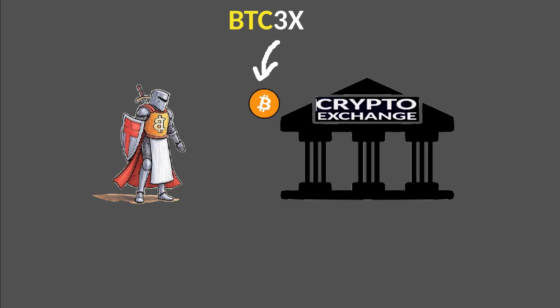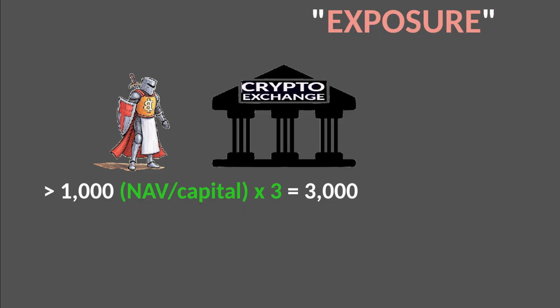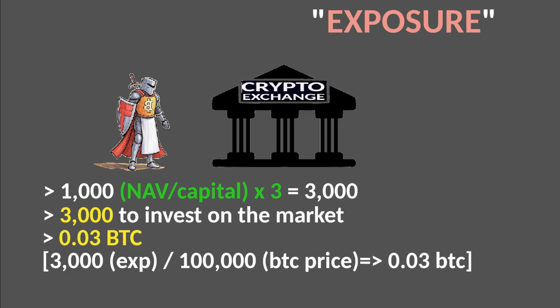The tokens given to Bruno, we can call that exposure. This is the capital or NAV times the leverage, which is 1,000 times 3 equals 3,000. This is the amount to be invested on the market. By the way, we want to know the actual BTC count because it will be important later.